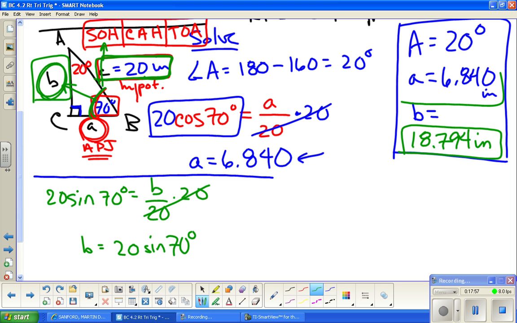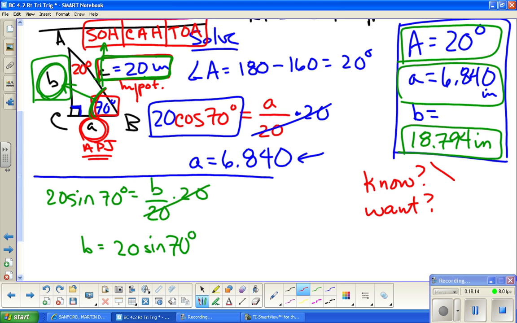All right, well, that's it for that example. And just to encourage you, the whole idea is, what do you know? What do you want to know? And then choose the correct trig ratio.